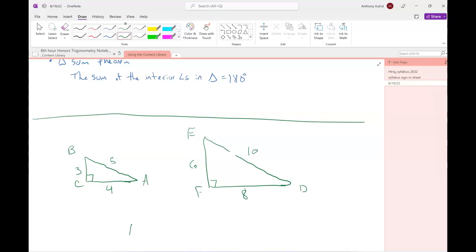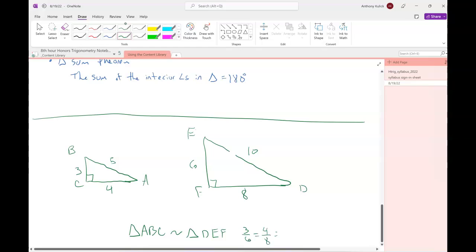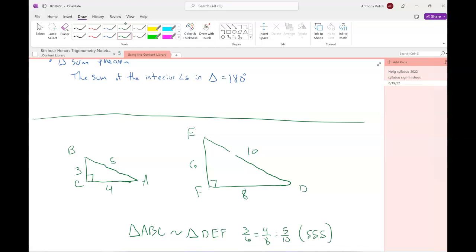So clearly, right away, we can say that triangle ABC is similar to triangle DEF, since 3 over 6 is equal to 4 over 8, which is equal to 5 over 10. That's just side-side-side similarity. Everybody's cool with that?